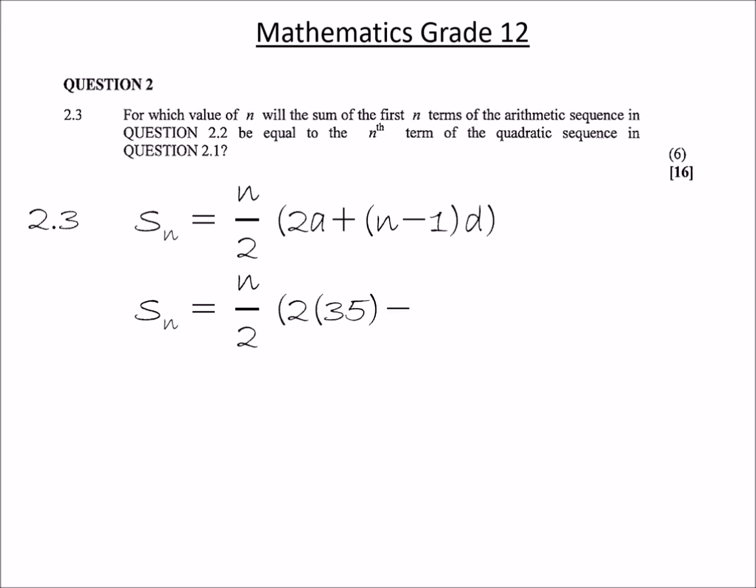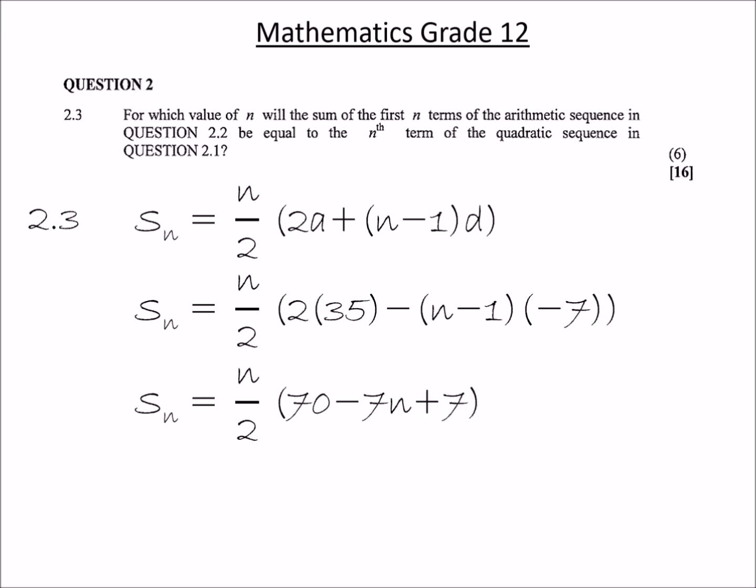We plug them in and simplify. Then we plug in 3n squared minus 8n plus 7 on the left-hand side and solve for n.